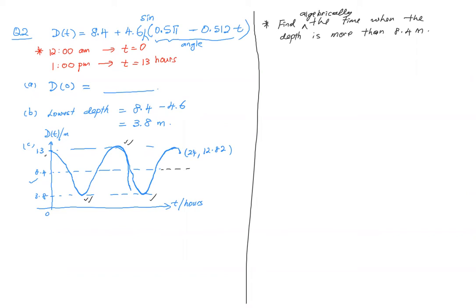It says algebraically. If from the graph, look, this is 8.4, right? Here. I can draw another line, 8.4, then I can find the coordinates of the intersection point, am I right?